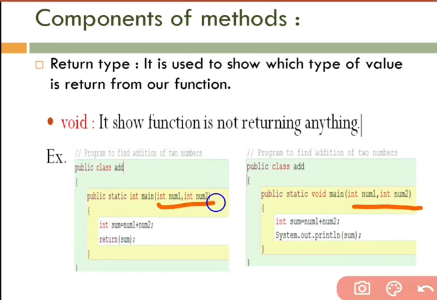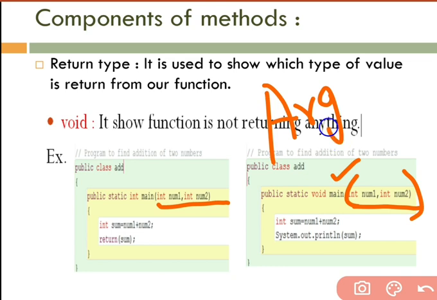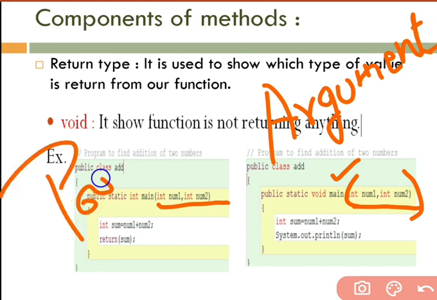See, these are parameter lists. Always remember that the function with the bracket contains something that is known as either an argument or a parameter. Just remember that.